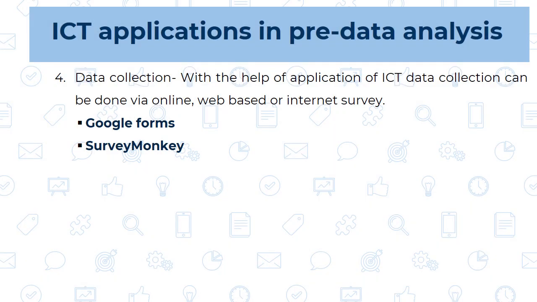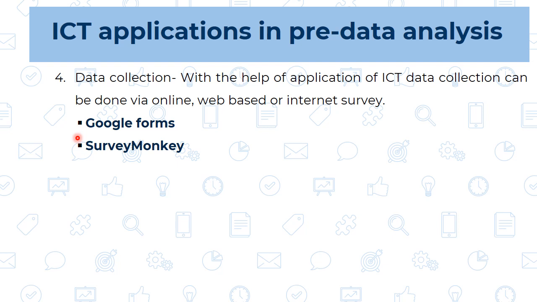Fourth is data collection. Now how is ICT going to help in the data collection? So these are the two platforms, Google Forms and SurveyMonkey. These are two very popularly known and frequently used software for data collection. Suppose the researcher is going to use a questionnaire or a test paper, whatever tool he is using.